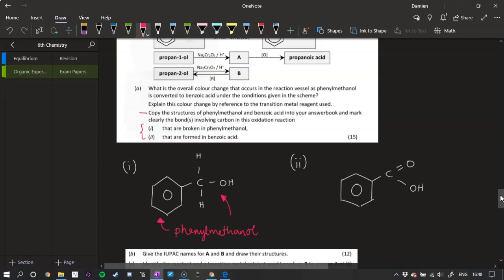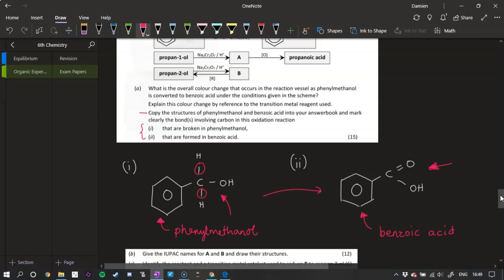Over here on the right hand side we have again this benzene ring, and you have a carboxylic acid functional group here. So this is going to be your benzoic acid. So where are the bonds broken? Well, for phenylmethanol to be converted into benzoic acid, this bond here has to be broken, and this bond here has to be broken.